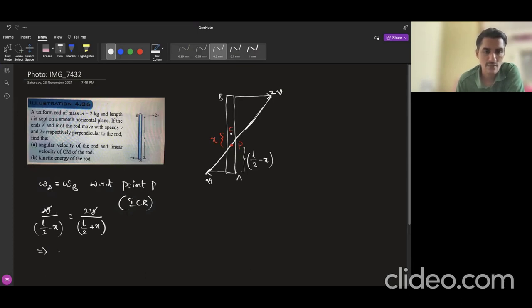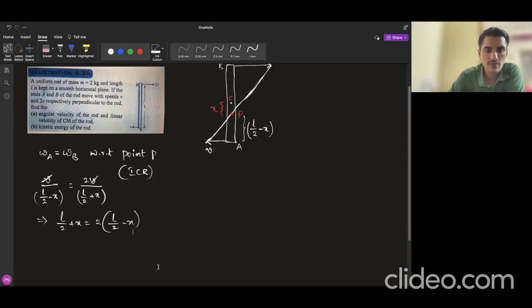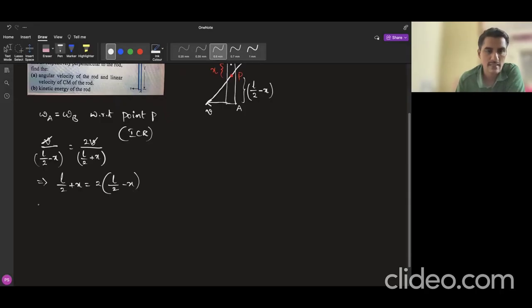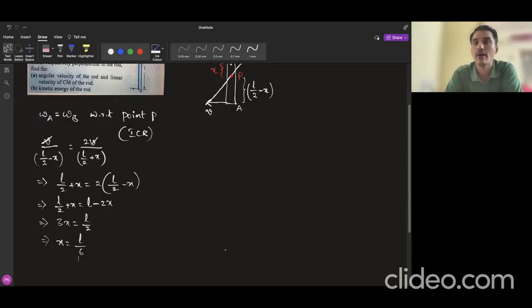Therefore, cross multiply: L by 2 plus X is equal to 2 into L by 2 minus X. Now L by 2 plus X is equal to L minus 2X. Now solve for X: 3X is equal to L minus L by 2, you'll get L by 2. Therefore, X is equal to L by 6.